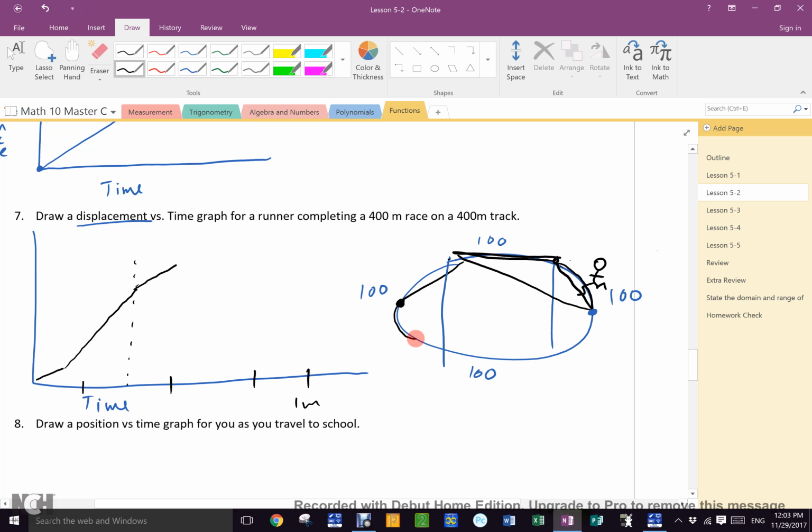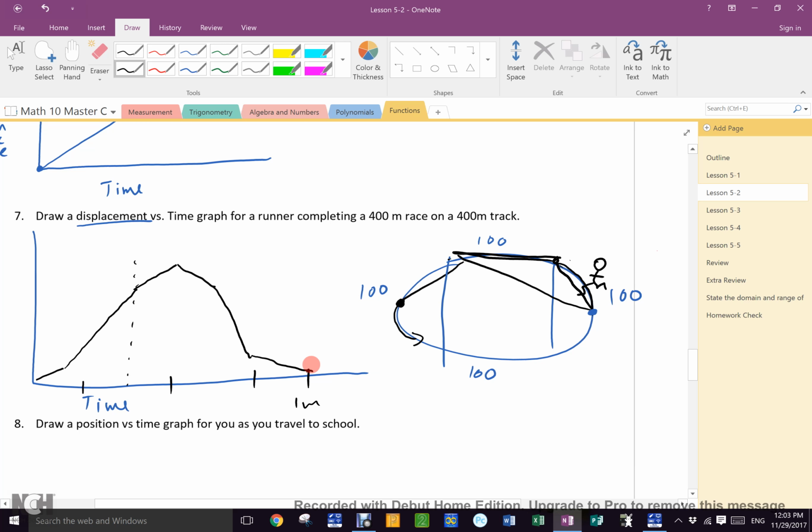I turn this corner and now what happens? I'm going back. And since it's displacement, the line must go down, yes? And would it not be exactly the same, just reversed? So down a little till I hit the straightaway, down steep, and then down shallow. That's to do it perfectly.